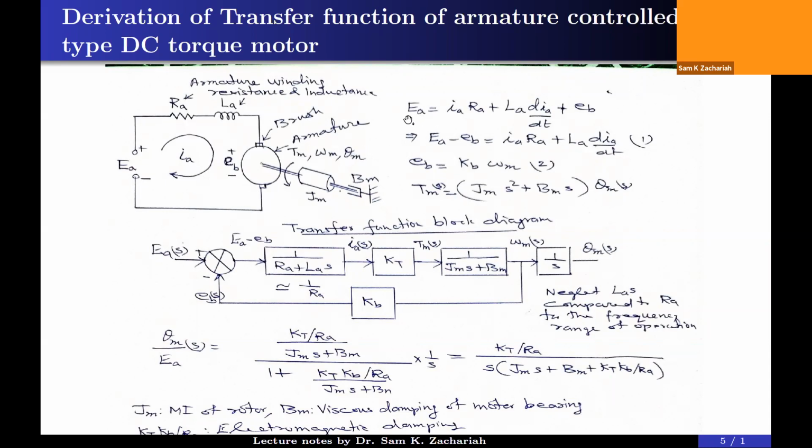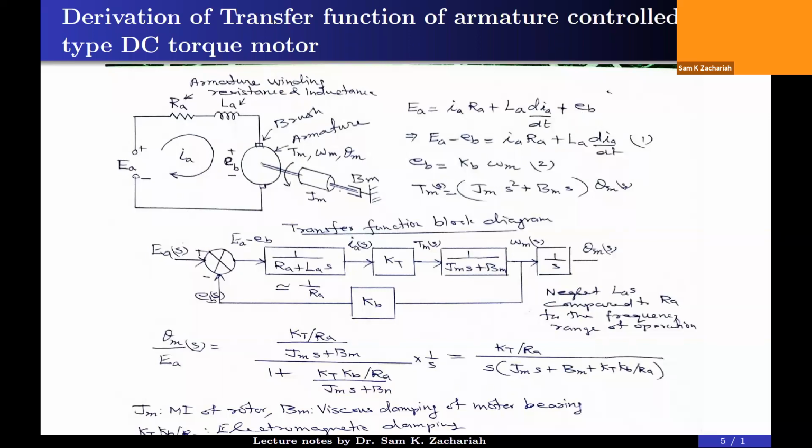Okay. Now we can write the equation with respect to the electrical part and the mechanical part. Electrical equation: applied voltage across the armature EA is equal to IA into RA, that is the ohmic drop, plus LA into dIA by dt, due to the inductance effect, plus EB.